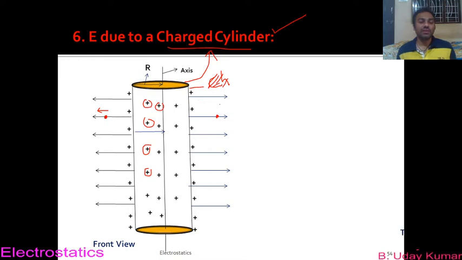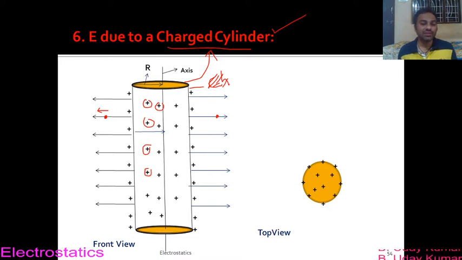Anyway, if I look at the same system of charge, the charged cylinder, from top, this entire diagram looks like a circle. Whatever the charge that is given to this system, it will not be only on its surface.